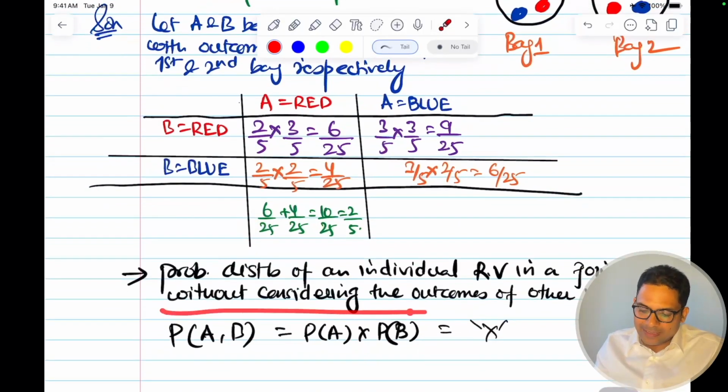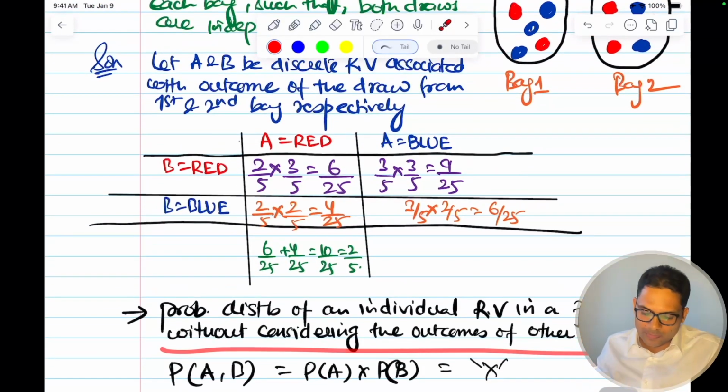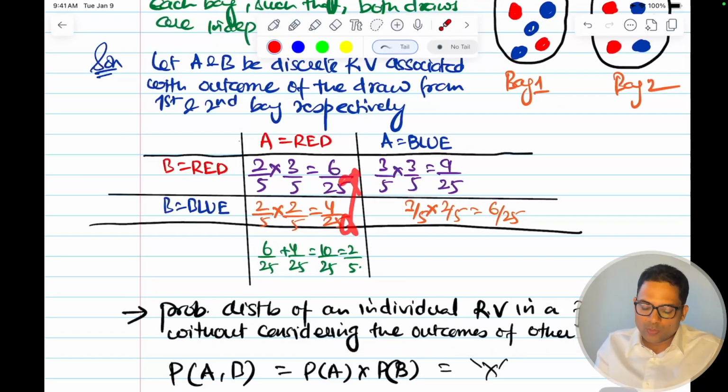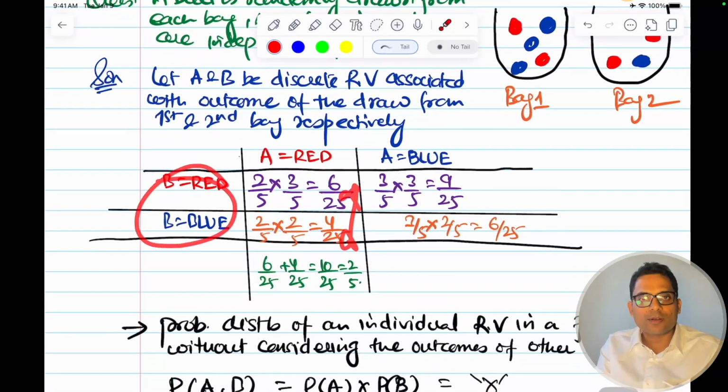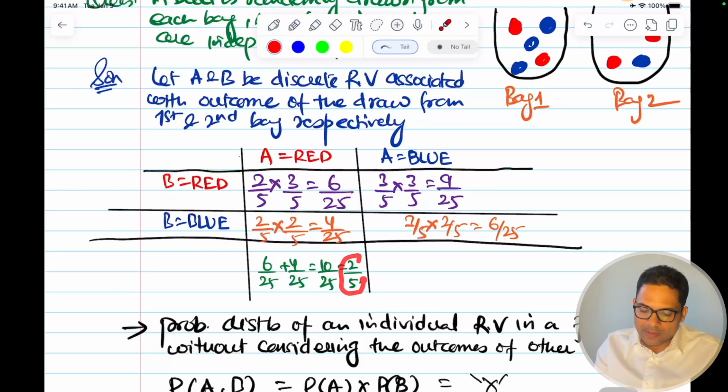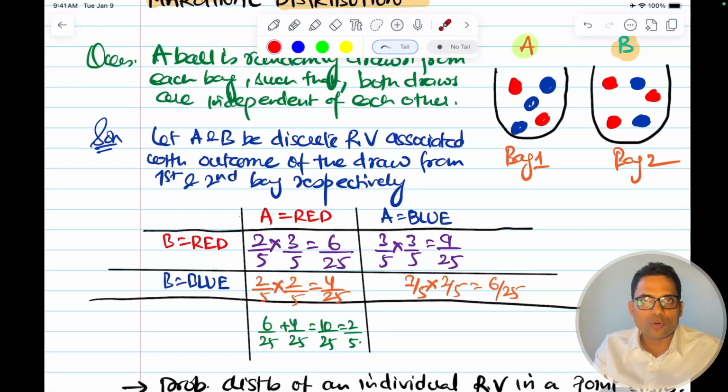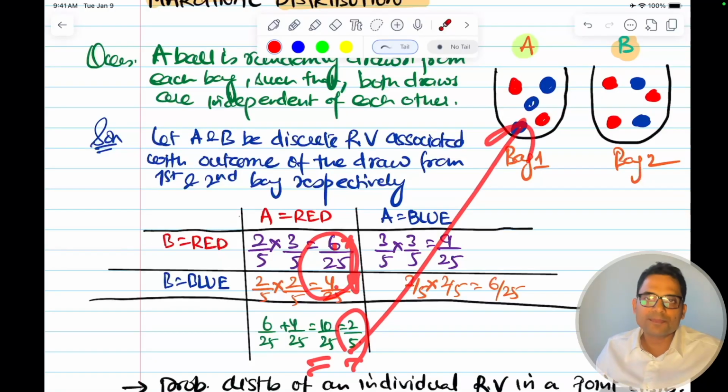Without considering the outcomes of the other variable means summing that up to 1. If I don't consider what I'm getting in the second draw, the probability of getting a red ball in the first draw means the probability of drawing a red ball from the first bag, which is 2 by 5. Isn't this what we have got here? If I sum up these two values, 6 by 25 plus 4 by 25, is this not the same?